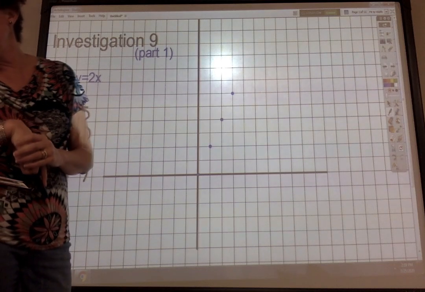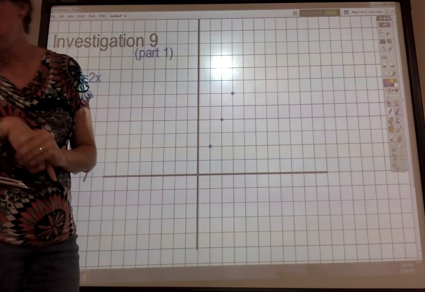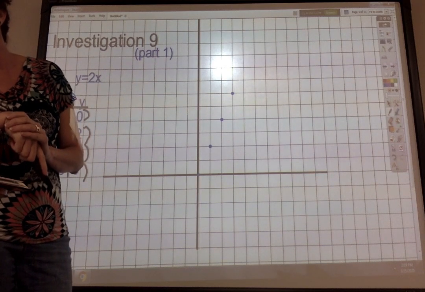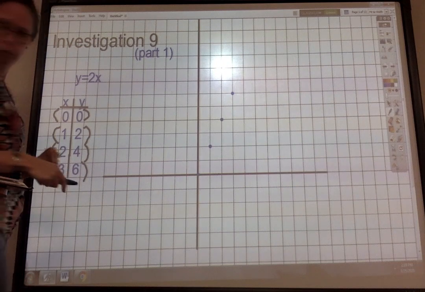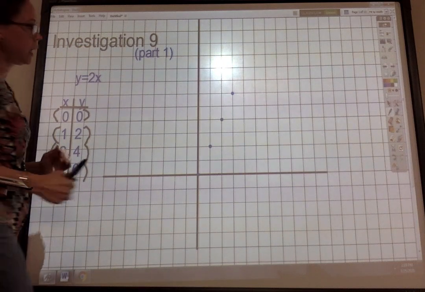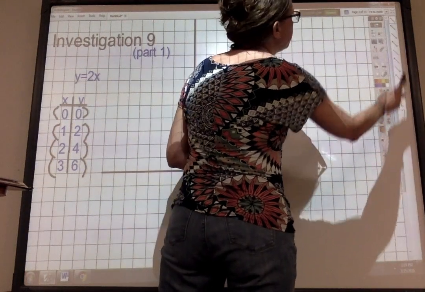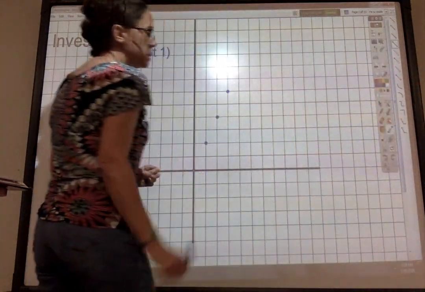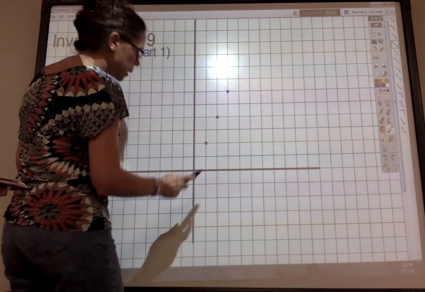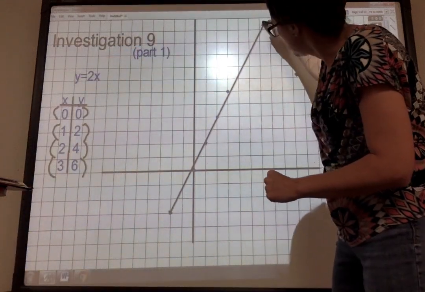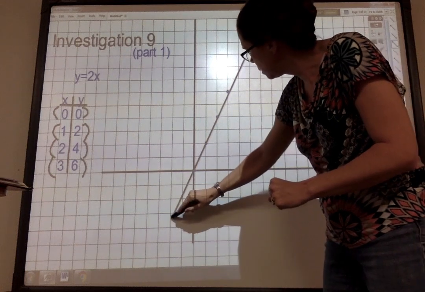It says, although the table lists only 4 pairs of numbers for the function, the graph of the function includes many other pairs of numbers that can satisfy this function. So I'm going to go ahead and complete the line that goes through here. I'm going to choose my option that has an arrow on both ends because this function continues in both directions.